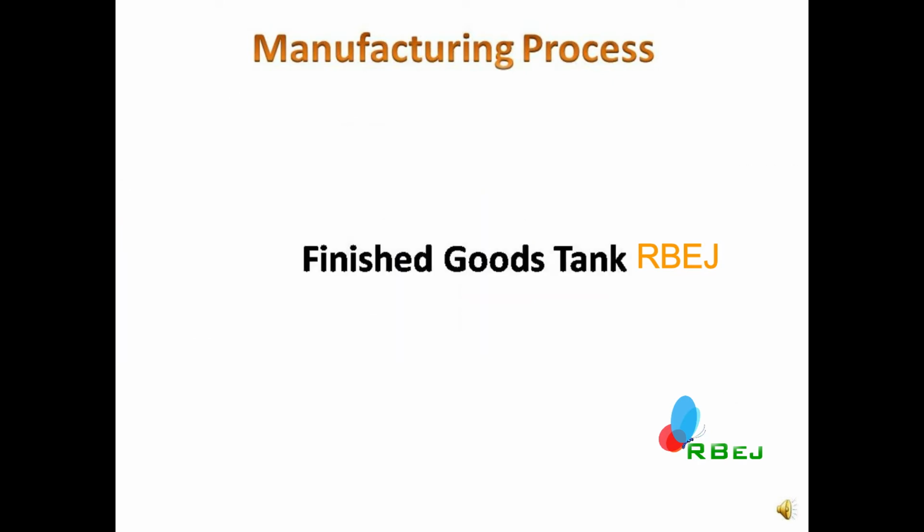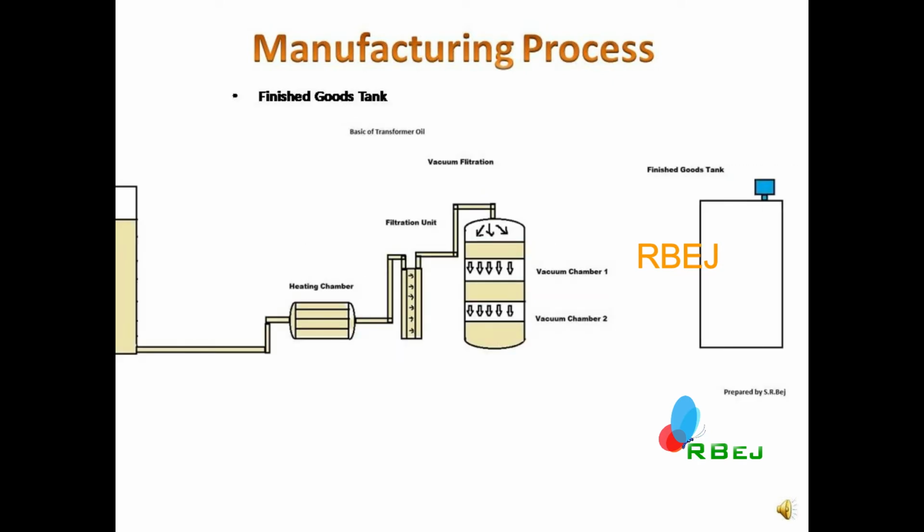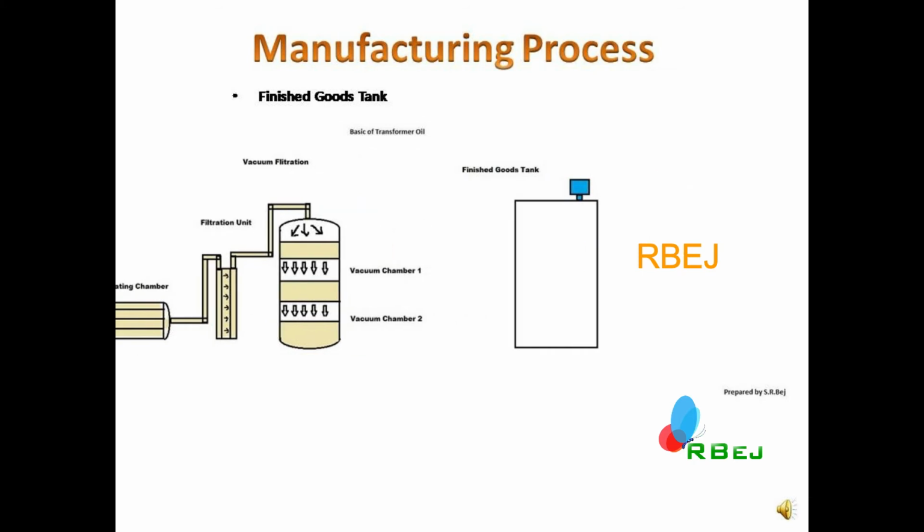Finished goods tank. We store the final product in the finished goods tank. We load the tanker and drums. The tank is made of stainless steel or mild steel with breather facility. If the tank is made of mild steel, it should be coated.